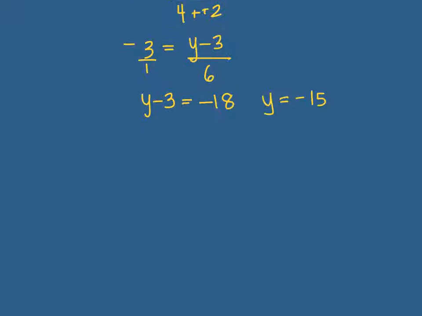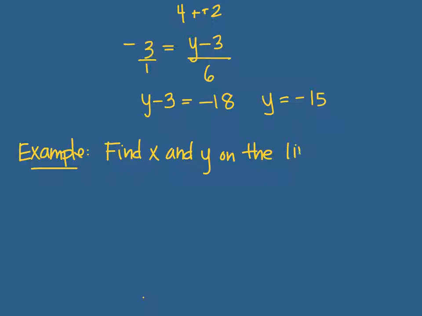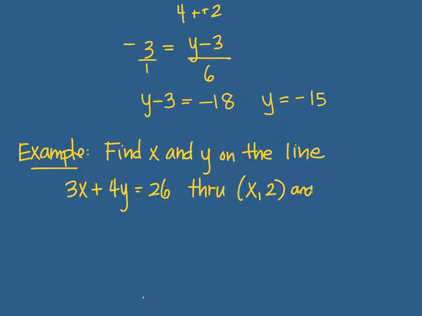Let's find both x and y. On the line with the equation 3x plus 4y equals 26, that goes through the following 2 points: (x, 2) and (4, y).